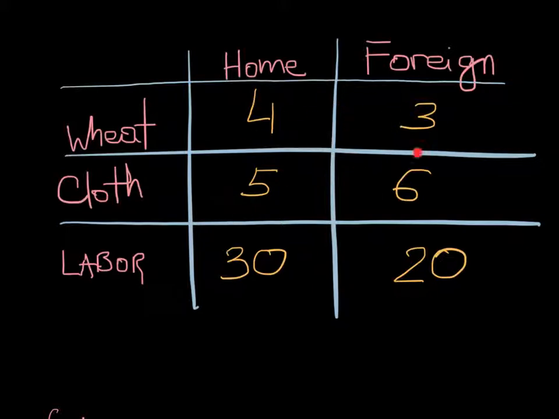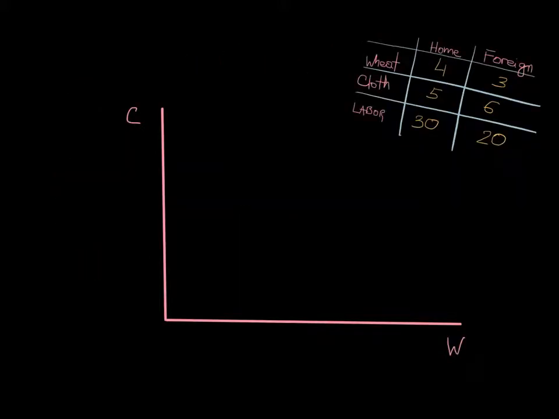These numbers here are marginal products of labor because labor is the only input that can be used in the production of wheat and cloth, and both countries have the following units of labor, 30 and 20. In this setup, home can produce a maximum of 30 times 5, which is equal to 150 units of cloth.